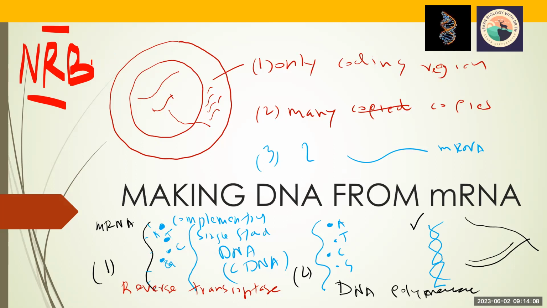That means there is no chance of asking a question related to this, but we can still make it, because when we isolate mRNA, the enzyme reverse transcriptase can make cDNA, or complementary DNA. Then DNA polymerase can make it double stranded. So this method is much more convenient and much better, because messenger RNA does not have introns.